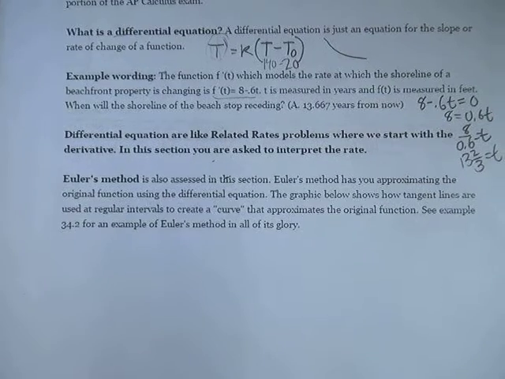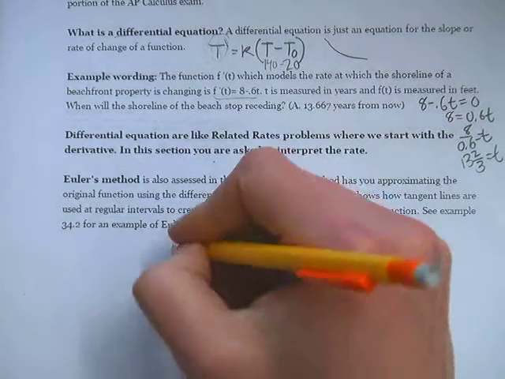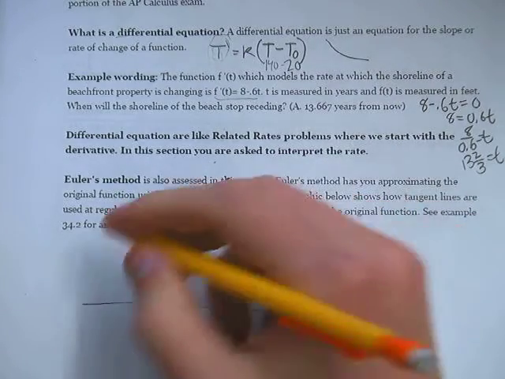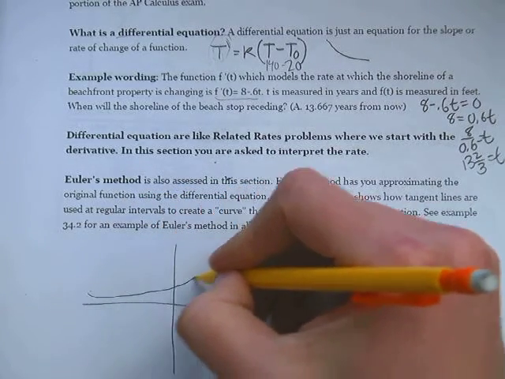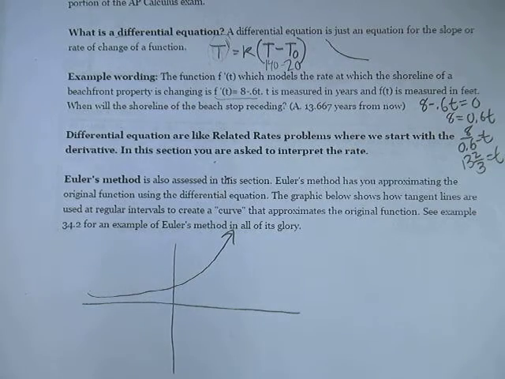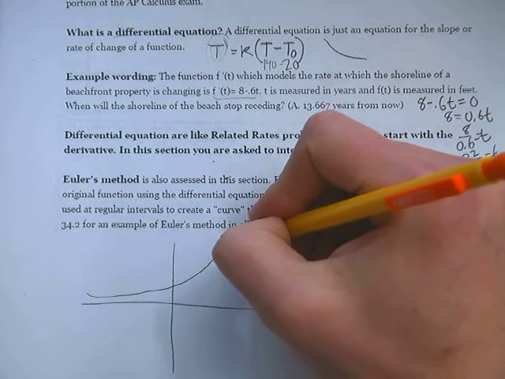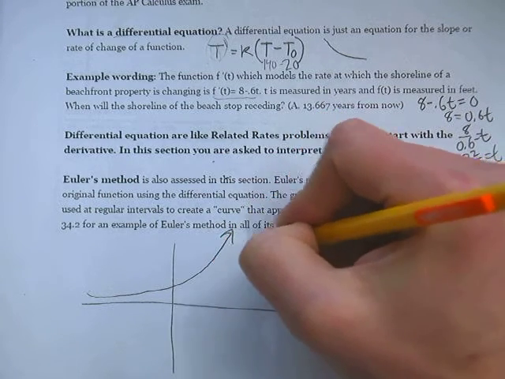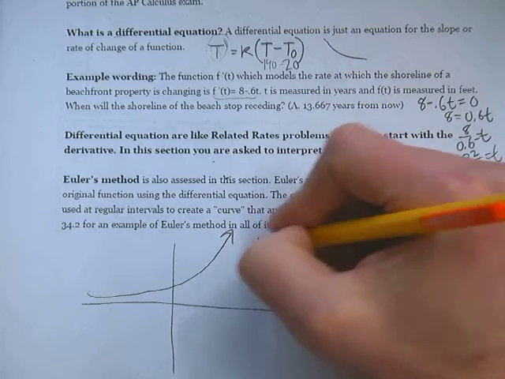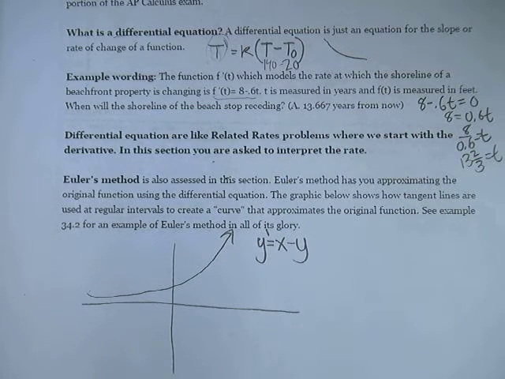We also have Euler's Method in this section. Say we have some function that we're using Euler's Method on, and the function looks like this. But since we're using Euler's Method, all we know is its derivative. Say y prime is equal to x minus y.